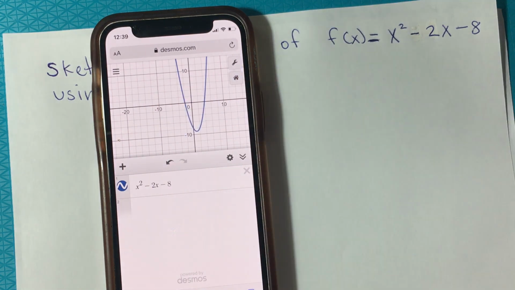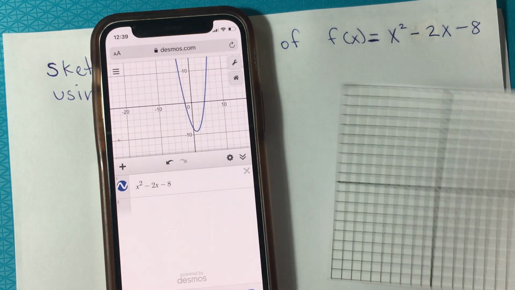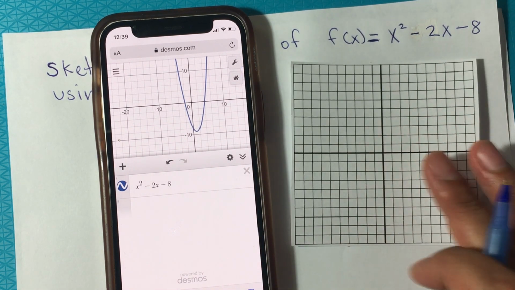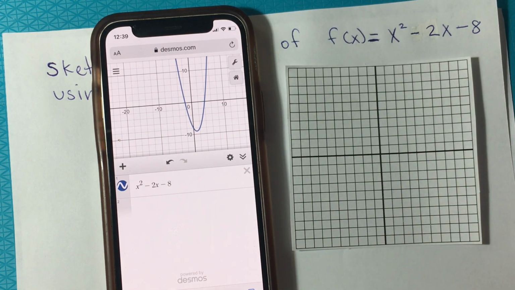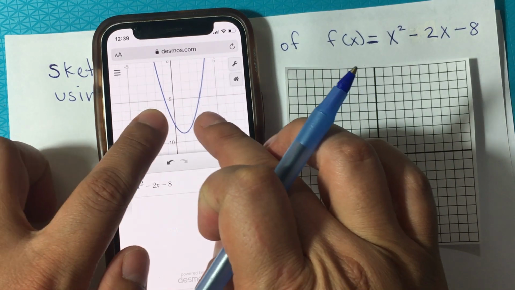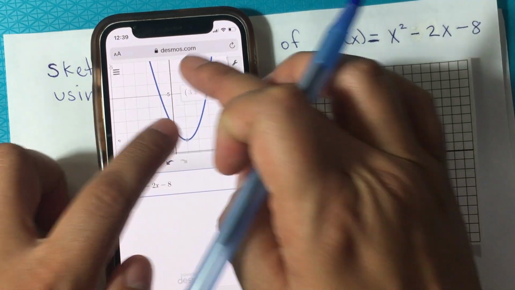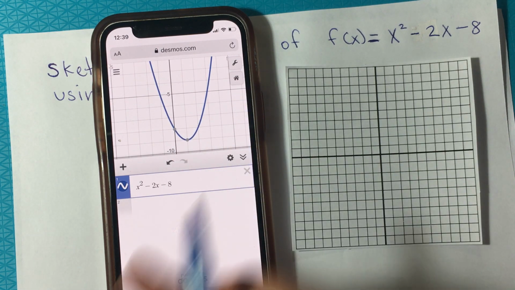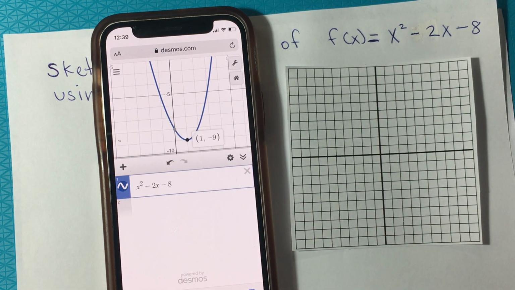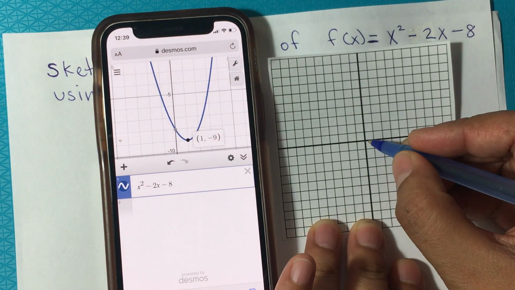Once we have this graph, I'm going to have it separate so that I can move it around and so you can look at the graph. With 2 fingers you can expand it or make it smaller so that you can zoom in. Then if you touch it, some gray points come on, and those are going to guide us to graph the parabola.